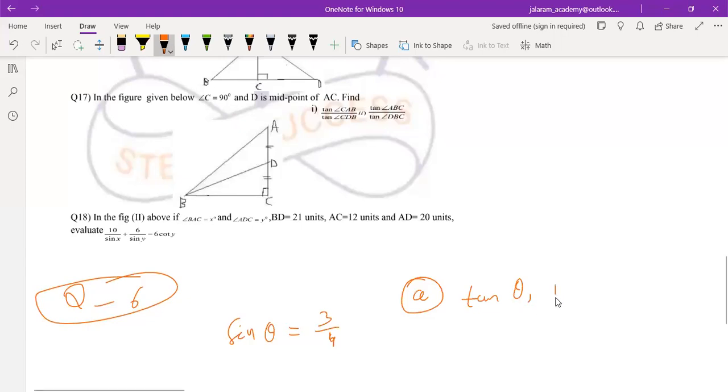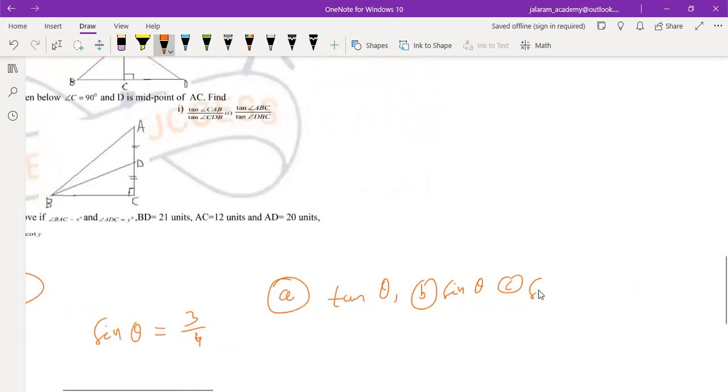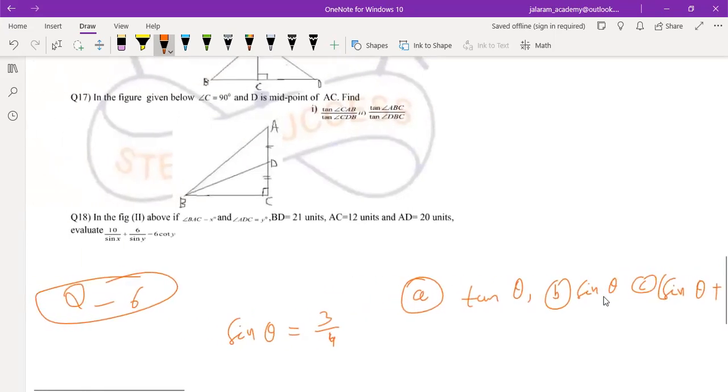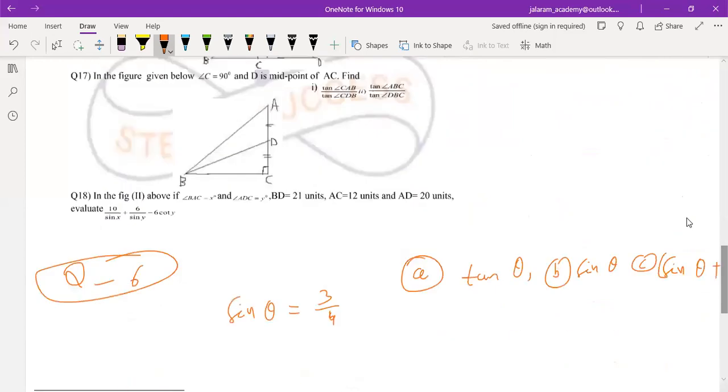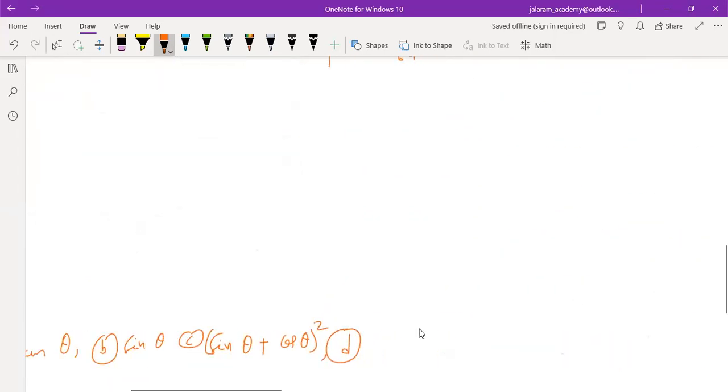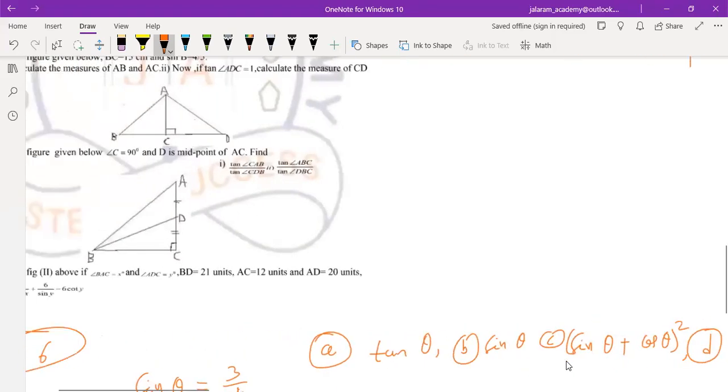And D part, 1 upon 1 plus tan square theta minus 1 upon sec square theta minus 1.